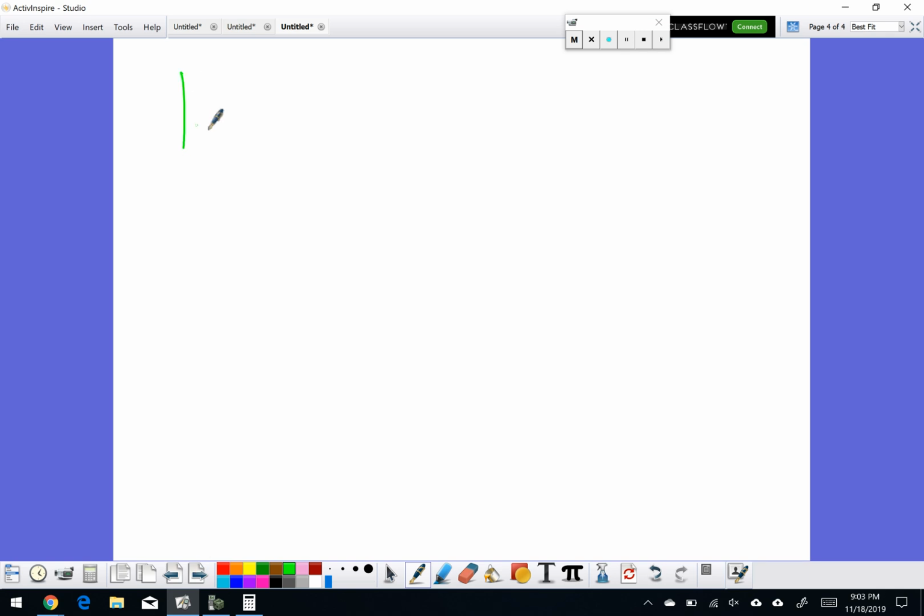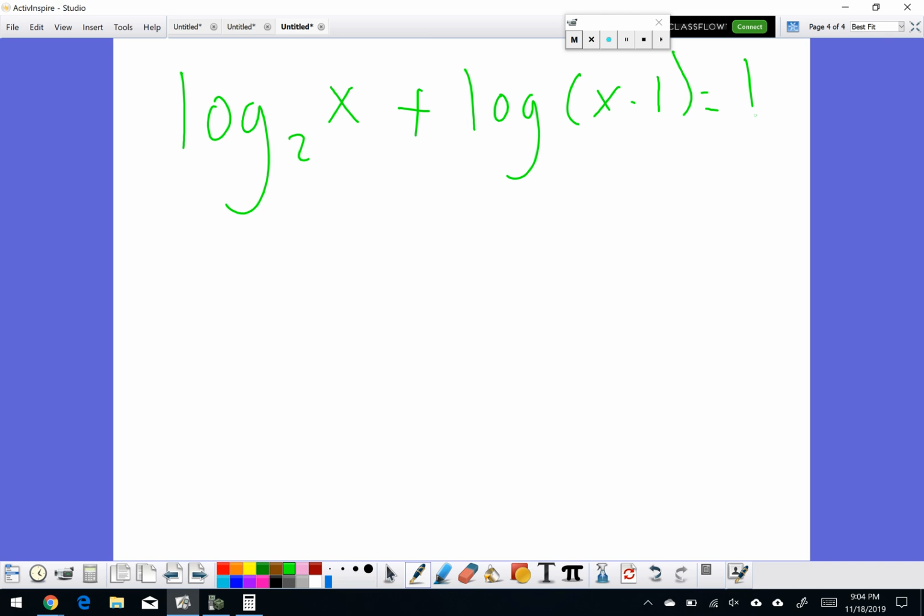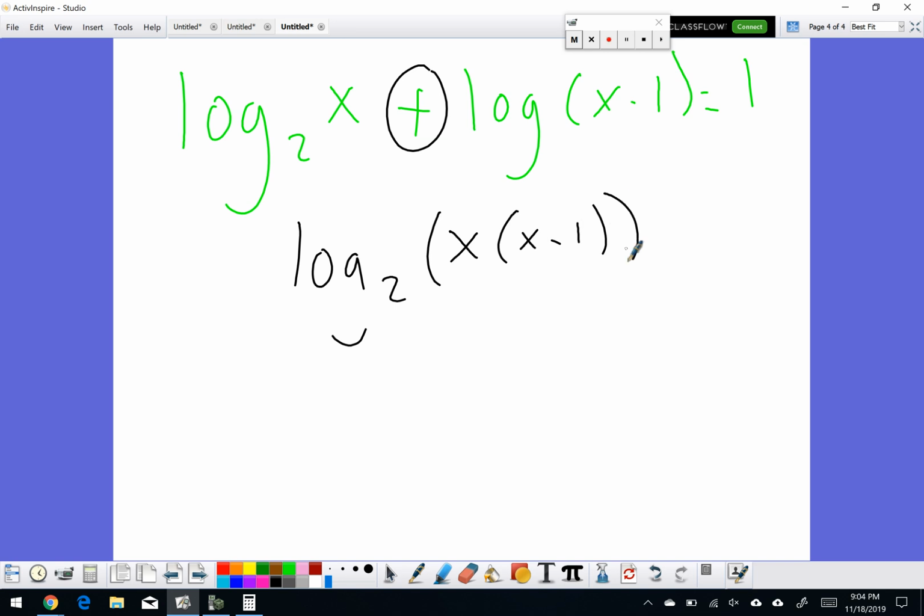So I have log base 2 of x plus log base 2 of x minus 1 equals 1. Whenever I see these, the first thing I do is get it as one logarithm. I condense it. That plus right there means multiplication. So I just condensed it.